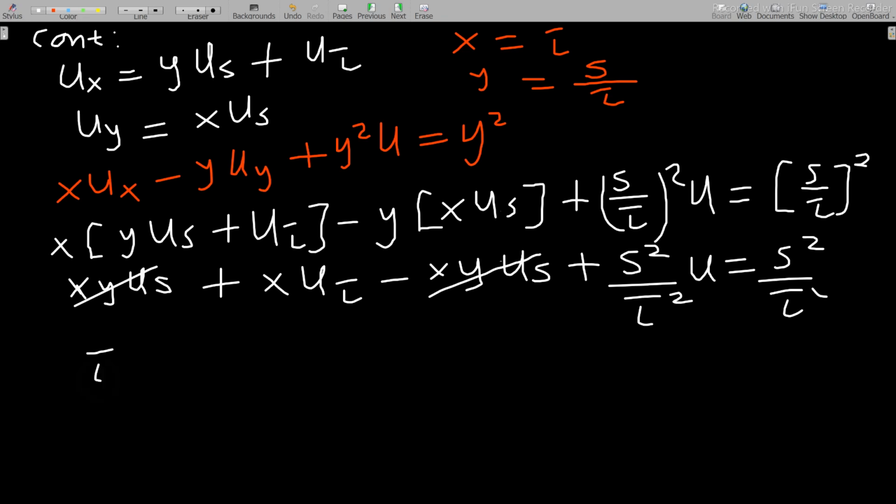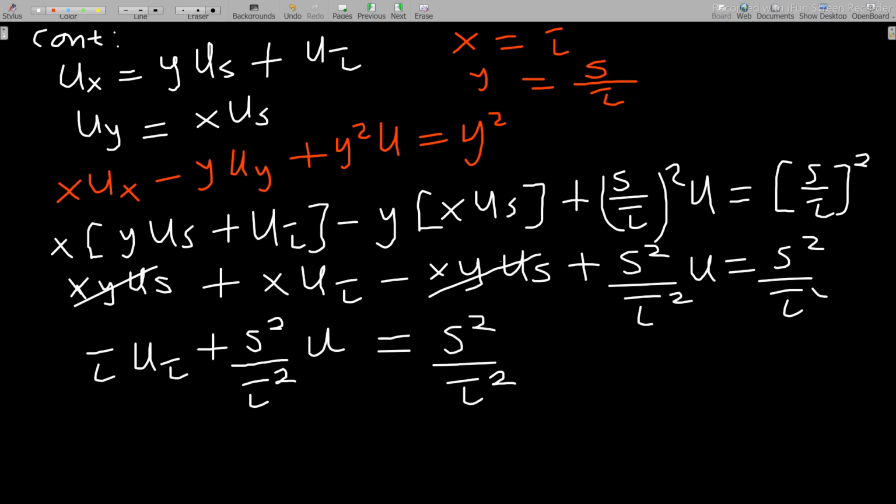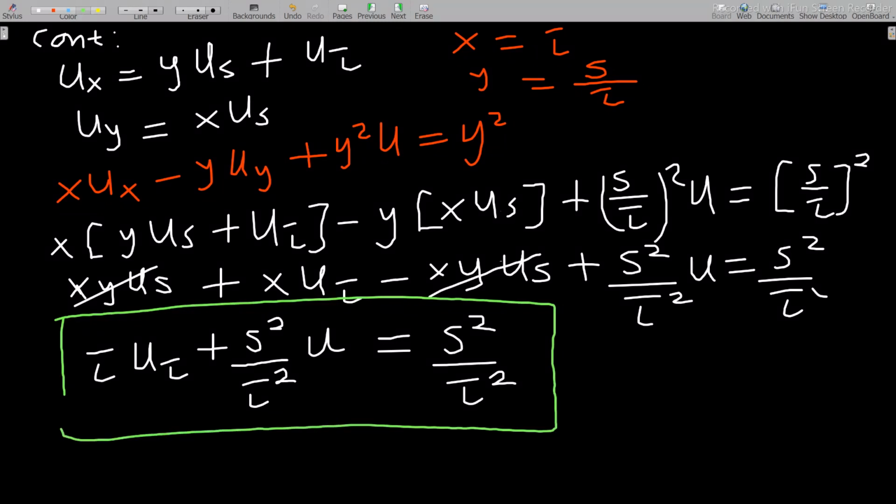Tau. So I have tau u tau plus s squared over tau squared u, and this should be equal to s squared over tau squared. So this becomes our new ODE that we have to solve. This is a simpler way for us to solve this.